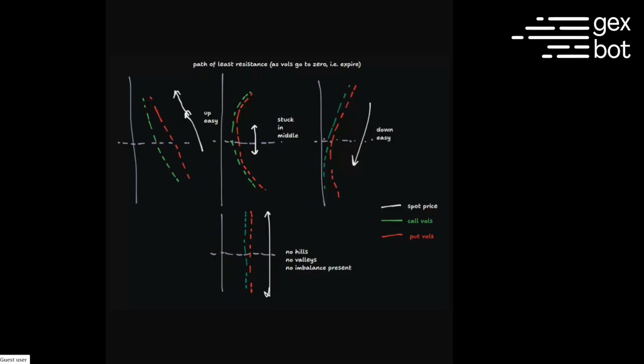You can think of the JPM collar as a typical example, where they are not expressing a directional bias. They're just putting a hedge on. But the nature of that hedge is such that it is inherently bullish, because it's more difficult to push down into lifted vols, and it's easier for spot price to go up.